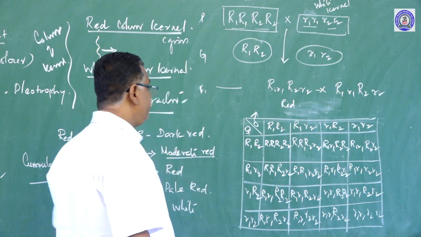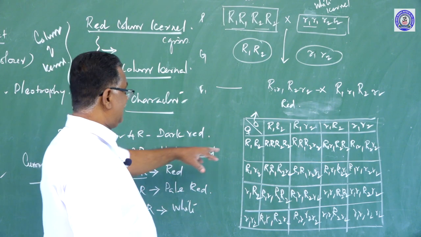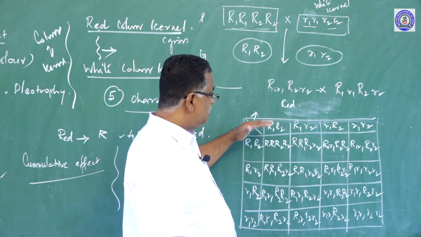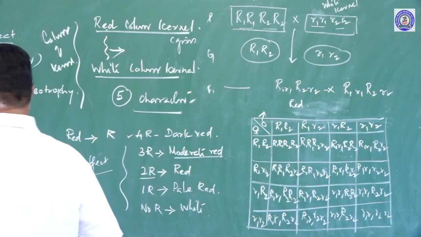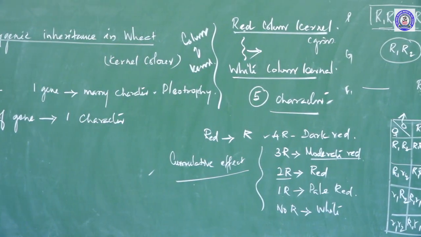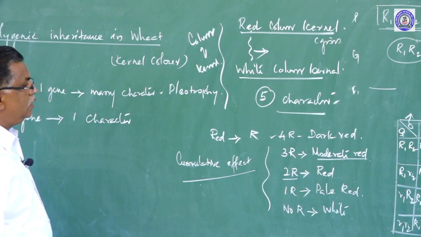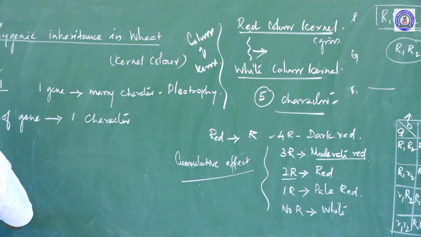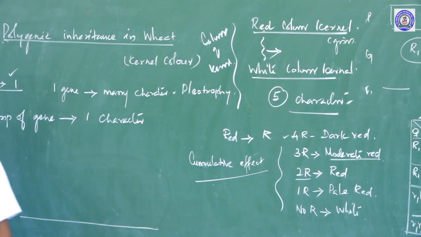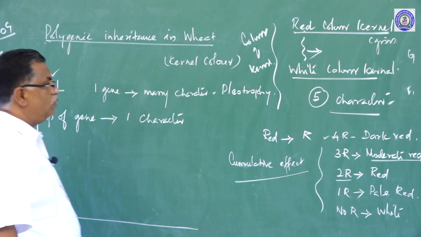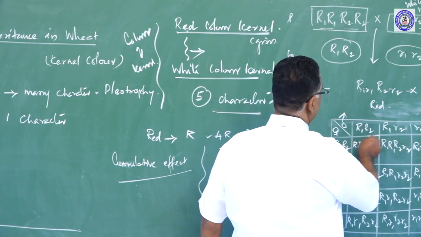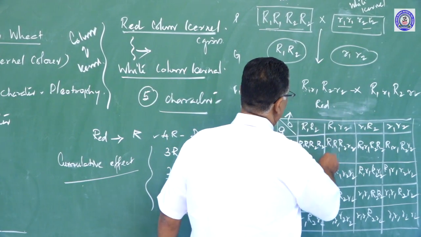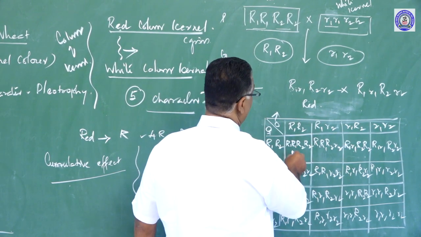See, we find capital R in different numbers. Now we will see how capital R makes an effect. Where there are 4 capitals, this will be dark red.